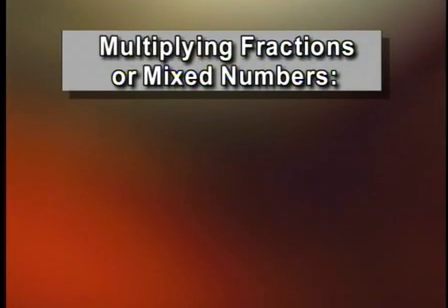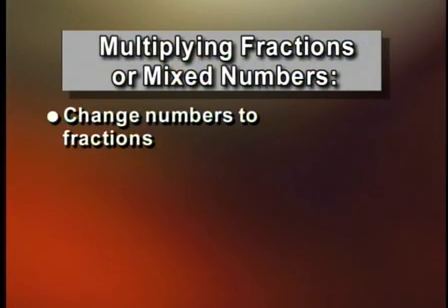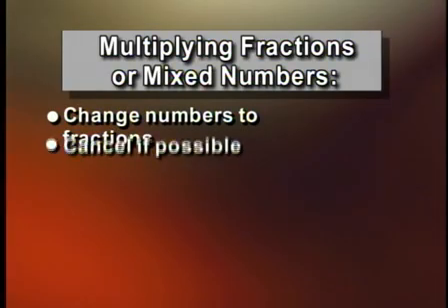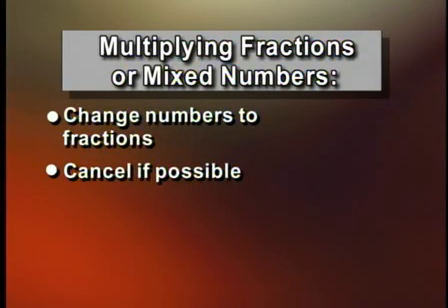The first thing we did was to change any number that was not a fraction to a fraction. Mixed number to a fraction, whole number to a fraction by putting the whole number over 1. Then we cancel using our knowledge of reducing fractions by dividing a numerator and a denominator by the same number until we could no longer cancel. Then we multiplied numerators and denominators. Again, digit times digit, place value times place value.